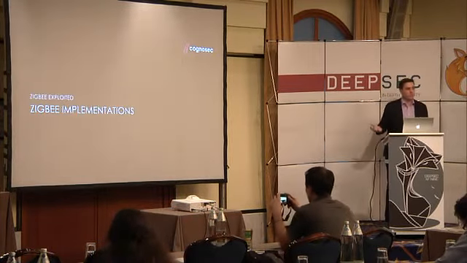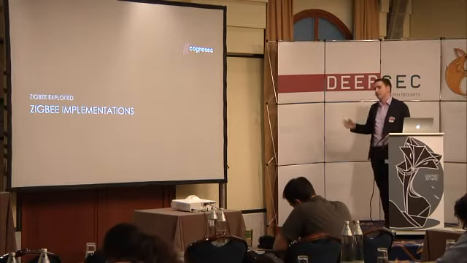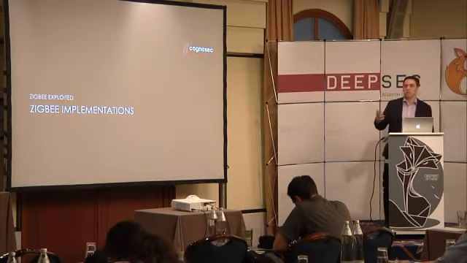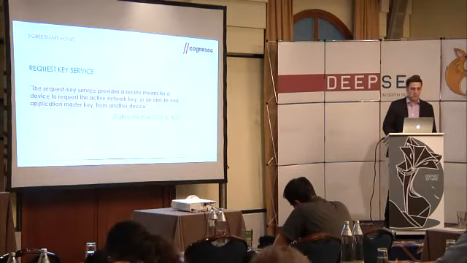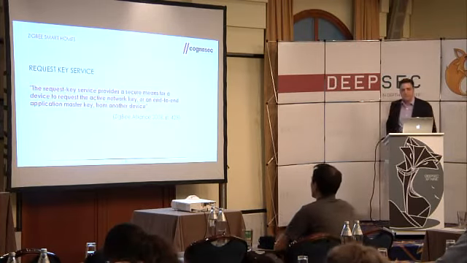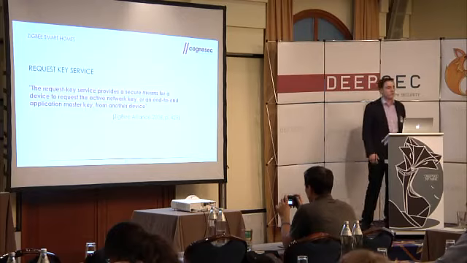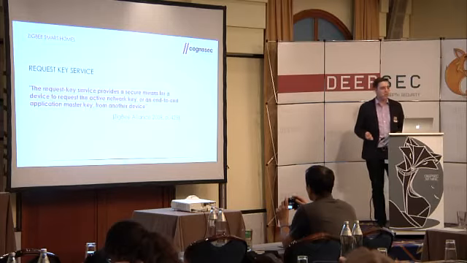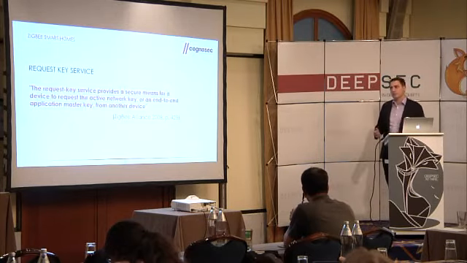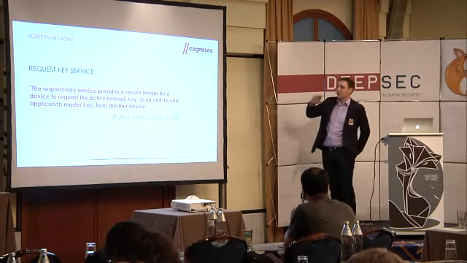The next step we took was to look at real-world implementations, to validate our research and see how it's really implemented in the real world, and whether they all really only rely on the fallbacks. During the research on implementations, I came across a ZigBee open source stack, ZBOSS, and there is an interesting service in there. The ZigBee specification talks about a request key service.